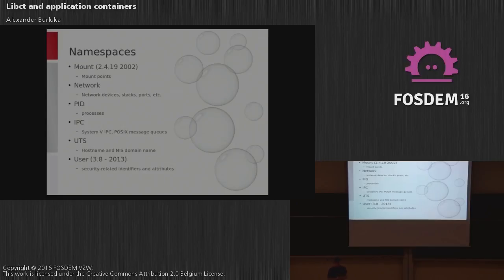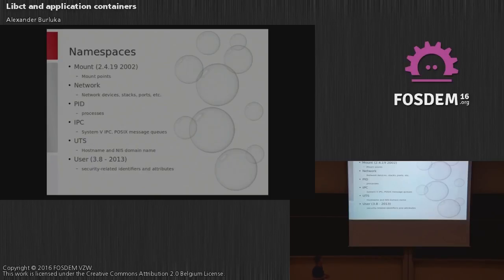It means that you won't be able to hurt the host file system. The next is the network namespace. It allows you to create network devices, traffic shaping, and so on. You may create a network topology with the help of network namespaces.